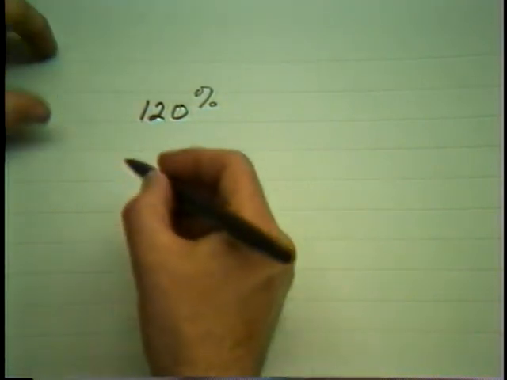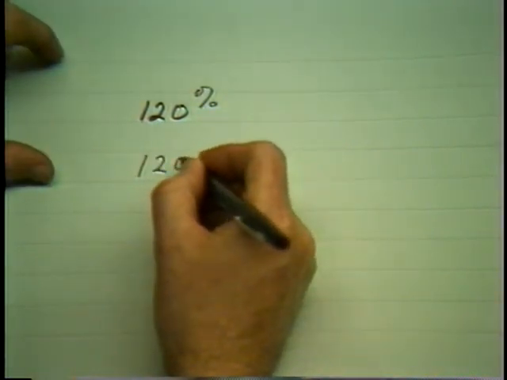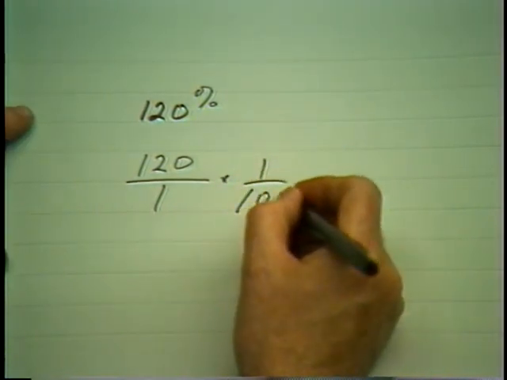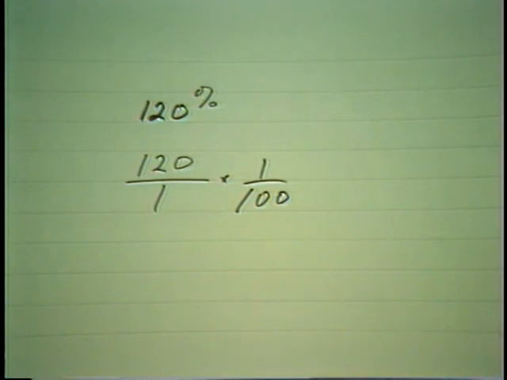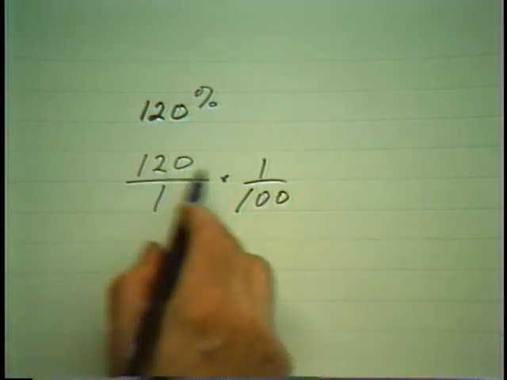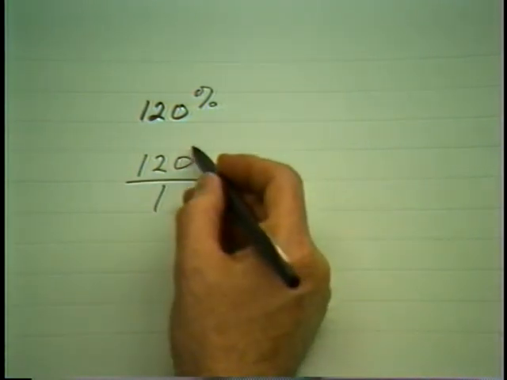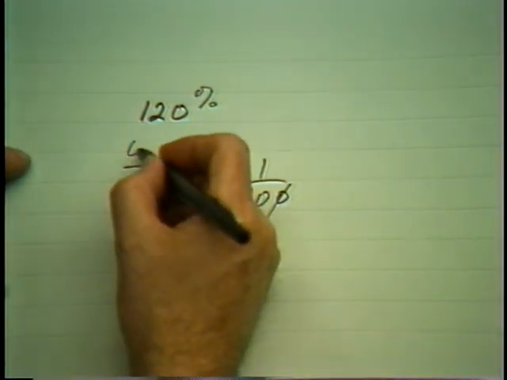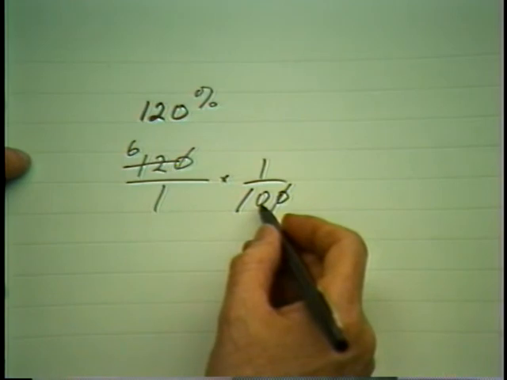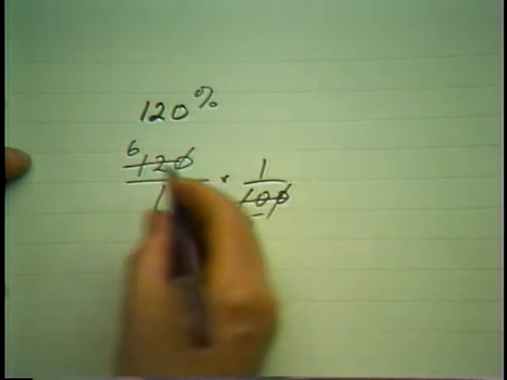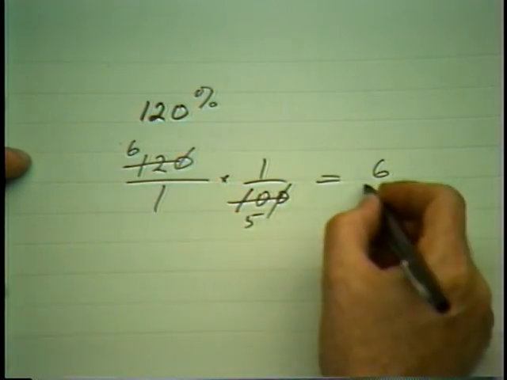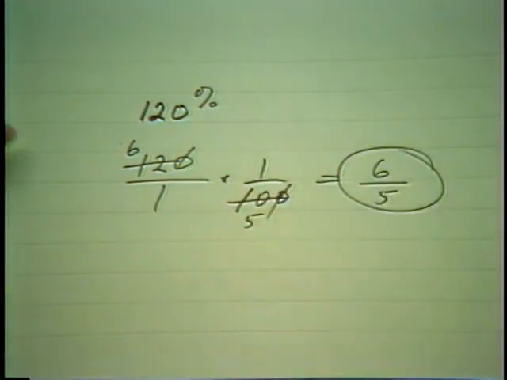Drop the percent, change to a fraction, multiply by 100th, reduce. In multiplication, you can reduce actually before you multiply. 10 goes into those two, 2 goes into here 6, 2 goes into here 5, 6 times 1 is 6, 1 times 5 is 5, done.